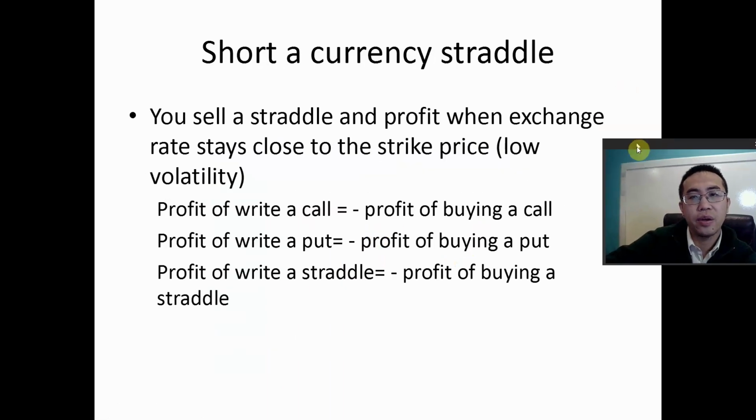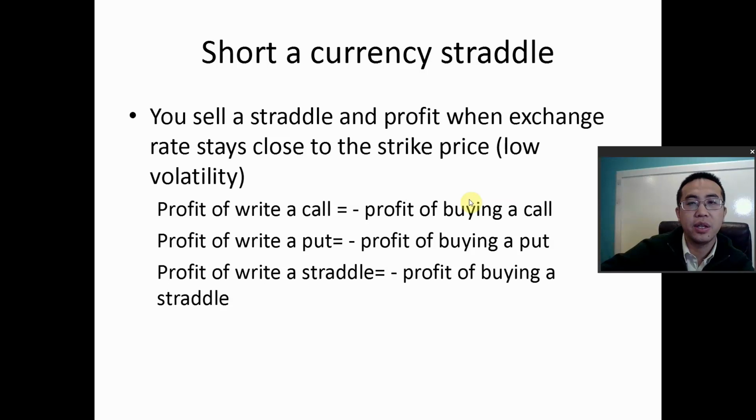Okay, to short a currency straddle, you do the exact opposite. Instead of buying the 2 options, you write 2 options. You write a call, you write a put, and your profit would be exactly the negative of the profit of buying a call and buying a put combined. So that also means the profit of writing a straddle, or shorting a straddle, is the negative of the profit of buying a straddle.